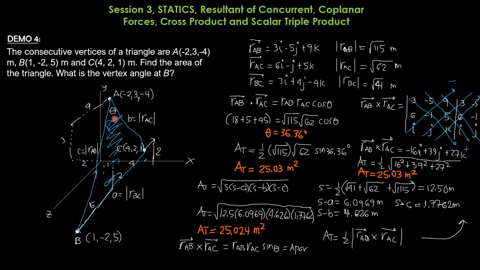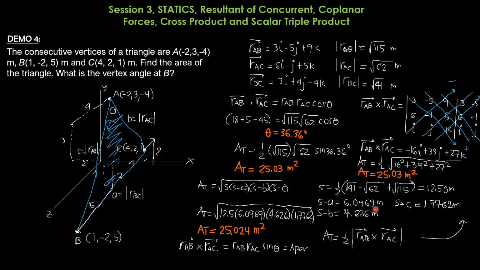So side A is this RBC, which is square root of 41, plus side B opposite to B, RAC, which is square root of 62, then plus side C, which is AB, square root of 115, then half of that is S, 12.5 meters. Therefore, S minus A, 12.5 minus square root of 41, that's 6.0969 meters.